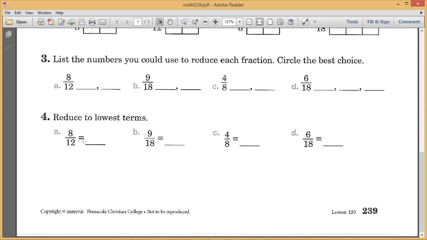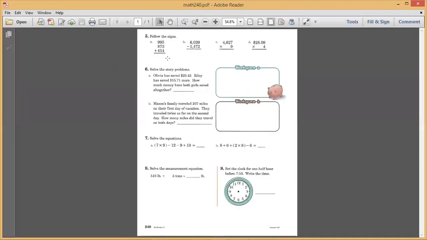But this time, you don't have to list down your common factors here. You just have to go straight to dividing your 8/12s using your common factor. And let's go to page 240.